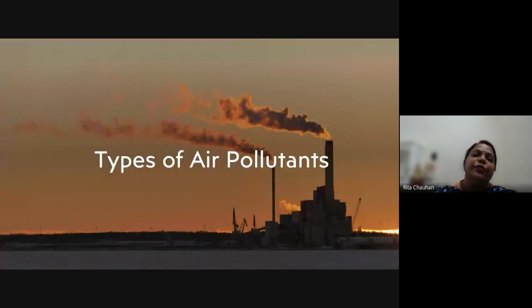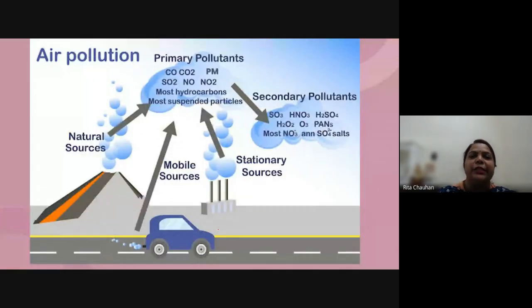So air is very important. Let us understand what types of air pollutants there are. Majorly, we can have three sources of air pollution: natural sources, mobile sources, and stationary sources.